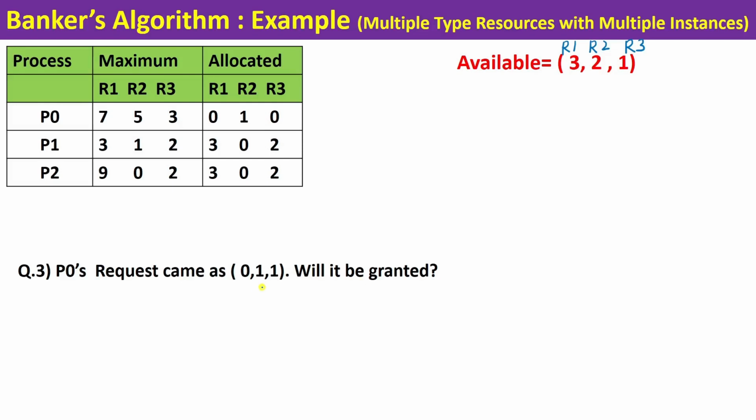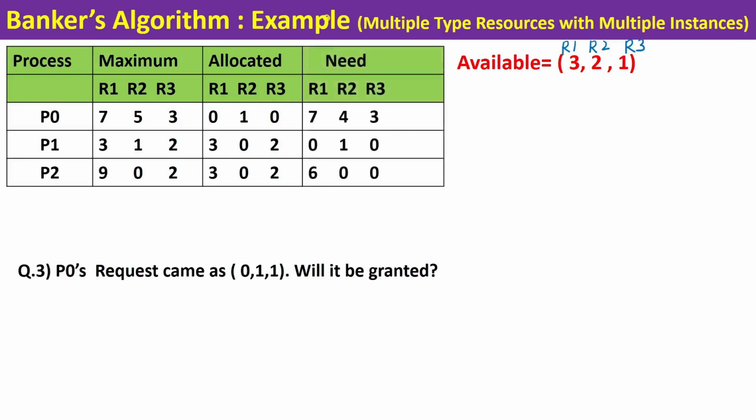As we have seen in the previous video, to solve this question, first we should know the need matrix, or the value of the need column. This is the need value, the future need of the resources that P0, P1, P2 can ask for.